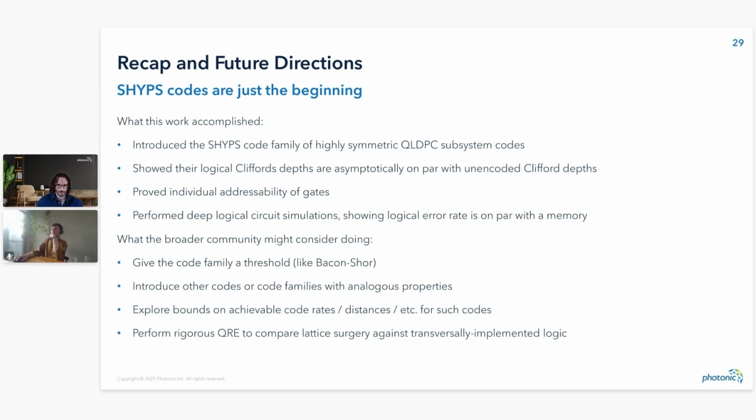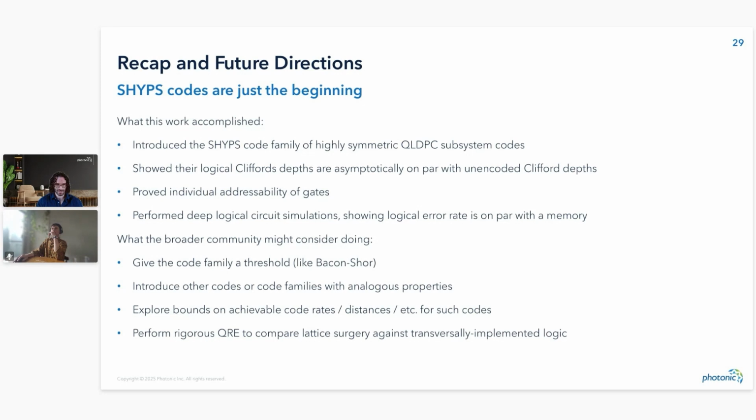And so I think there's a lot of work that would be really interesting, both for us or the community, to do as a follow-on to this work. So for one, we don't show that these codes have a threshold. So you might wonder, do these codes have a threshold?